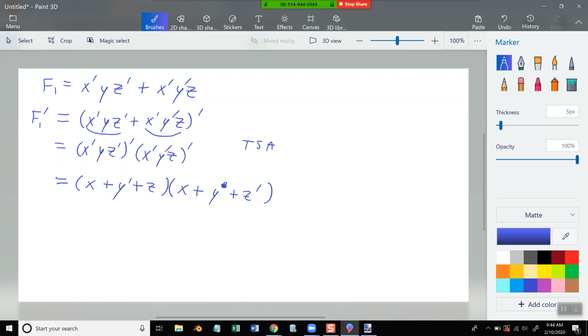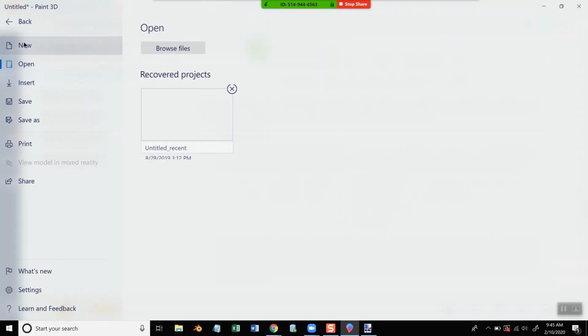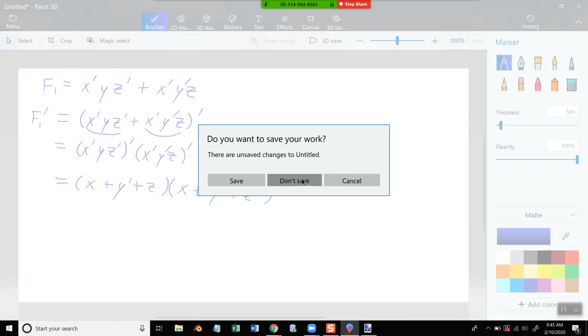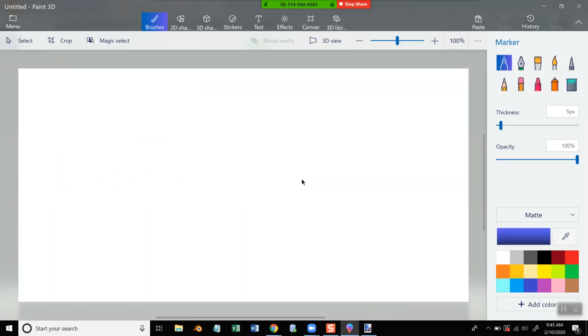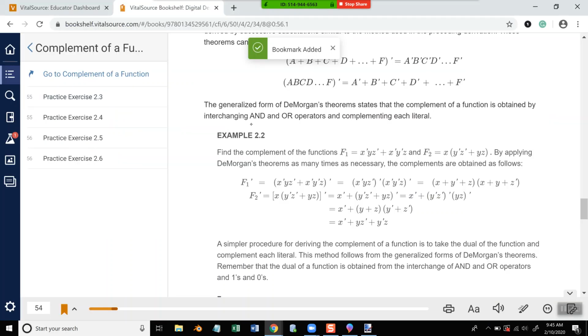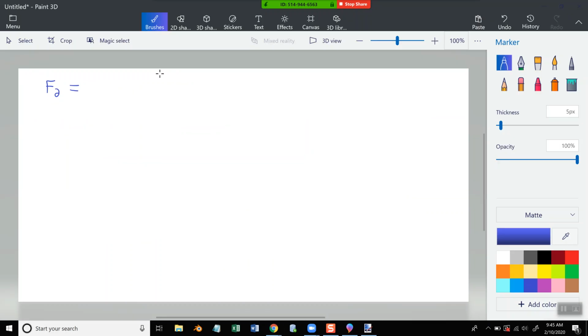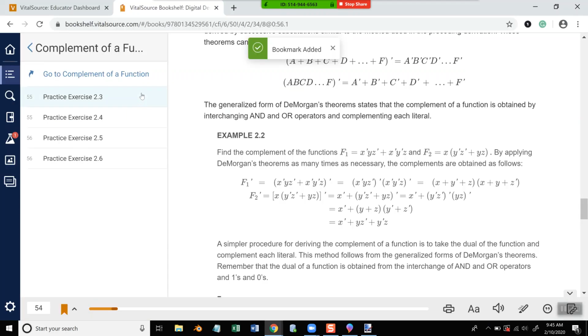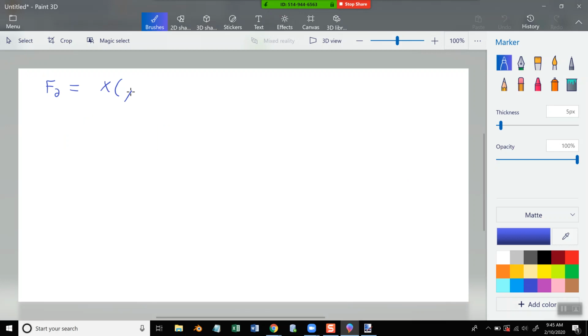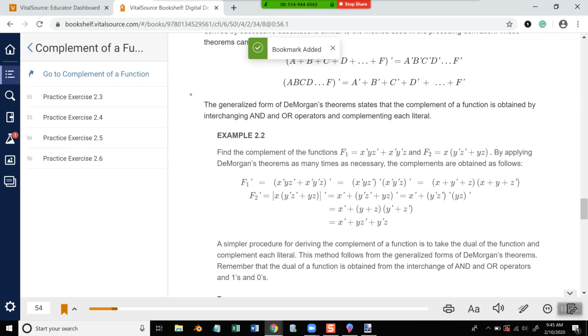Okay, let's look at the other one. F2 is equal to x y prime z prime plus yz.